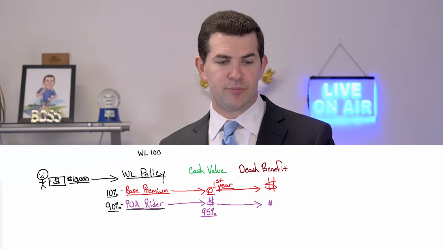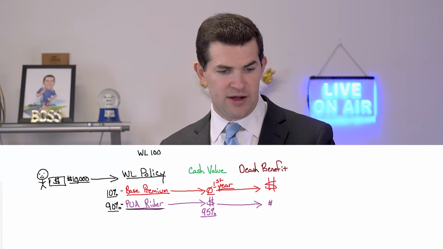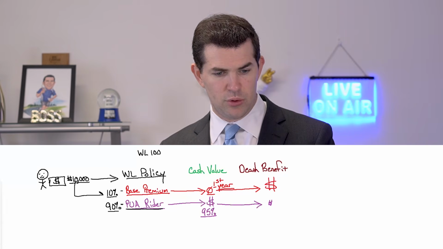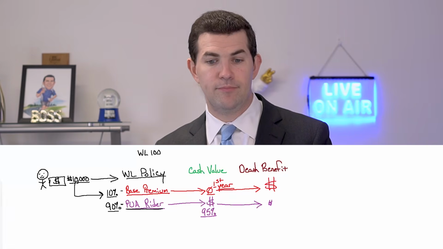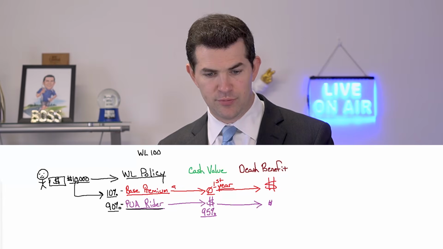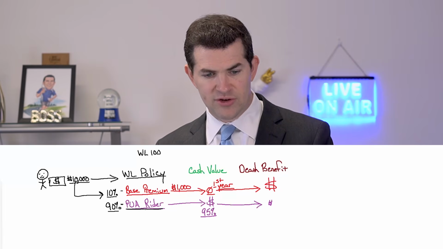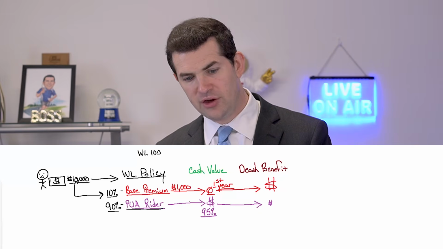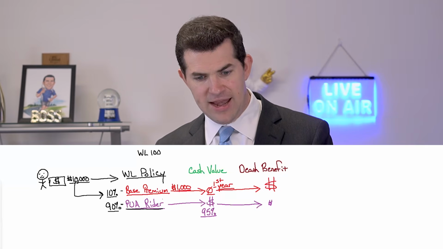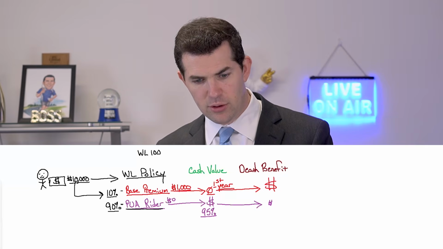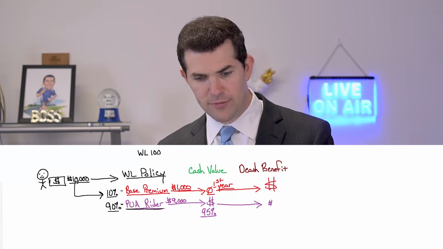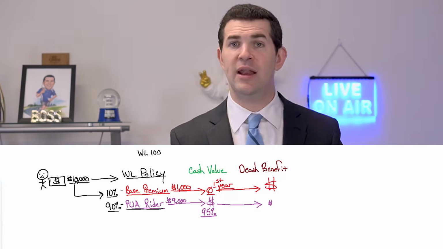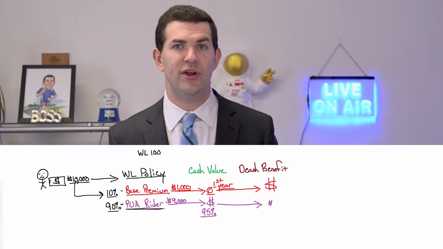So, 10% of $10,000 would be what? $1,000. So if I stretch the limit as much as the insurance company will allow me to stretch it and put $1,000 toward the premium and $9,000 toward my PUA rider, I would see close to $9,000 in cash value in the first year.